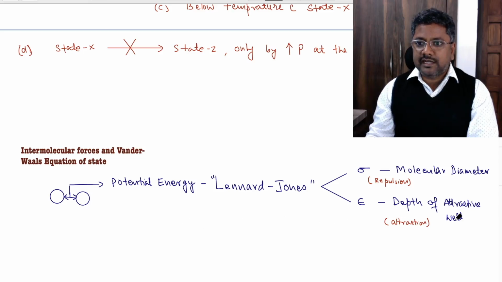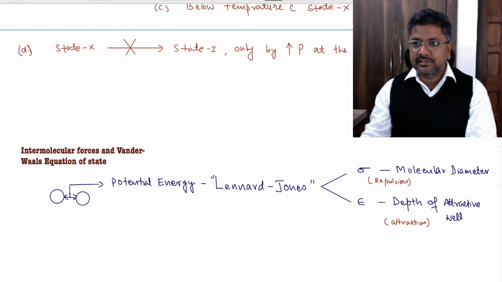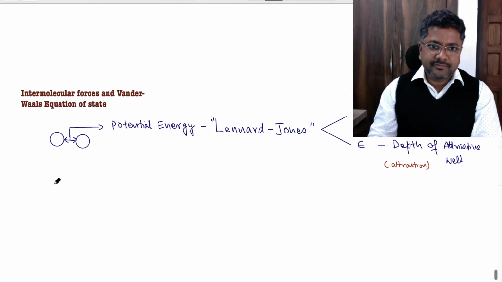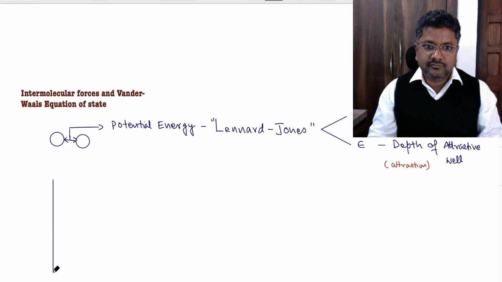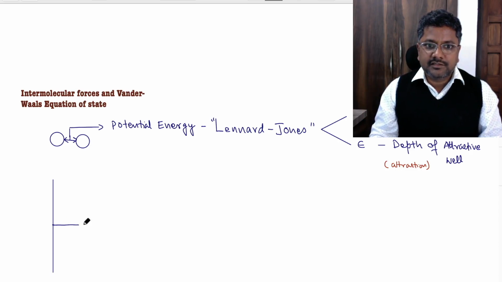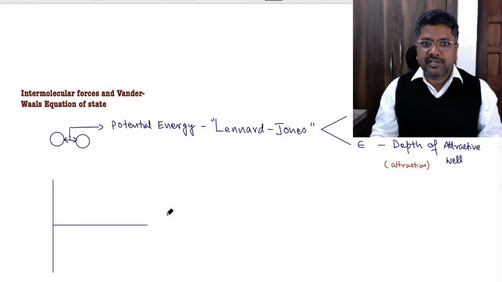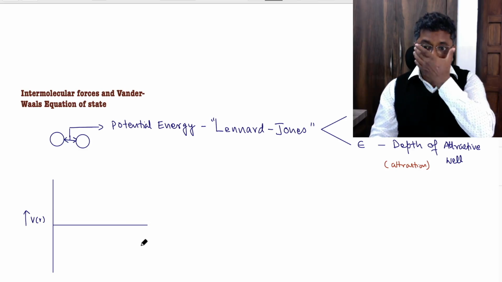So how can we explain this attractive well and this repulsion in the potential? A simple graph, all of you know that graph. See, this is the potential, and this is the separation between two gas molecules: potential energy as a function of distance between the gas molecules.